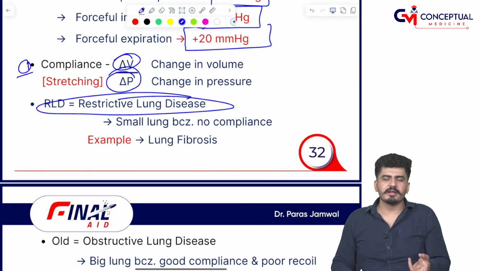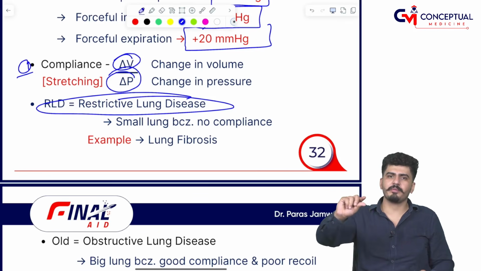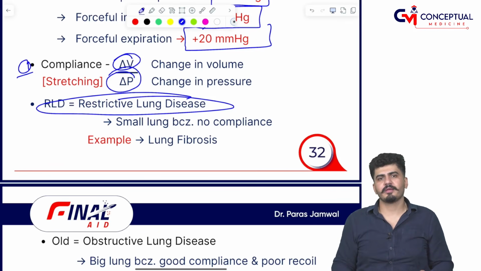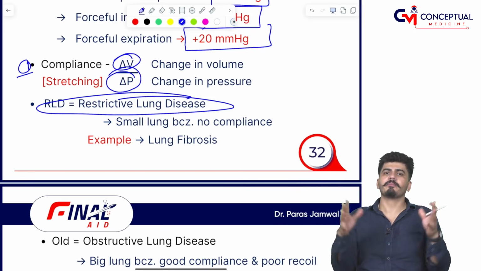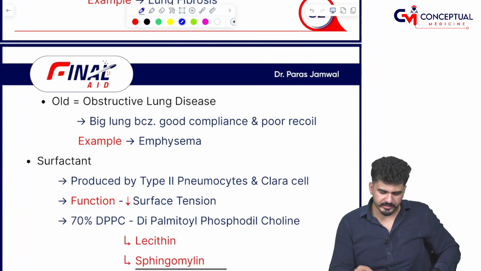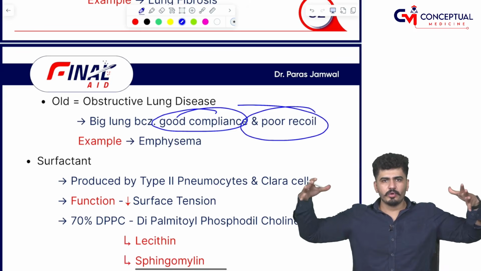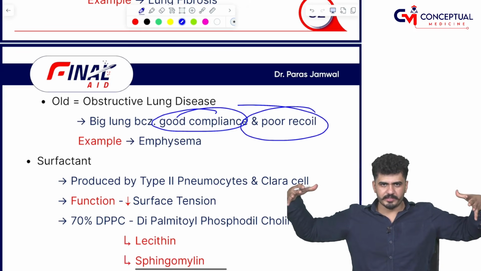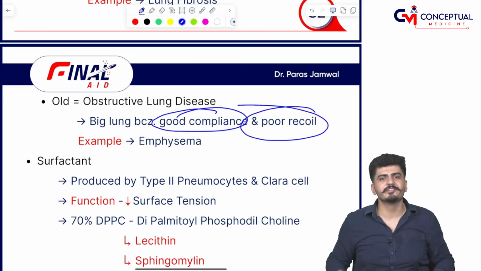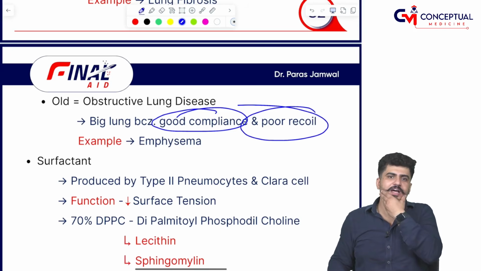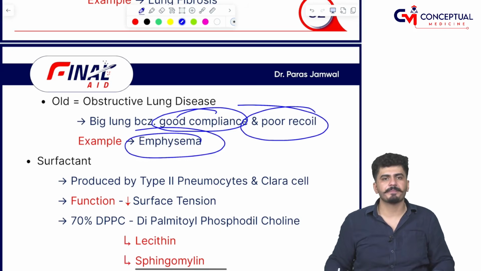In obstructive lung disease, you will have problems in expiration. Stretchability is there, but recoil is poor. So obstructive lung disease has good compliance, poor recoil, like emphysema.